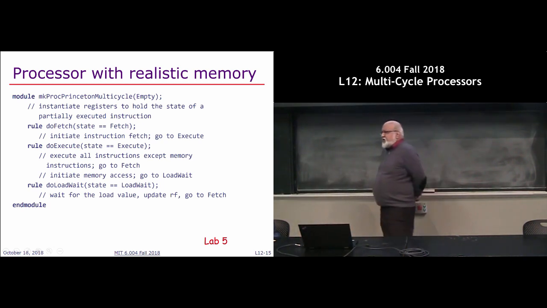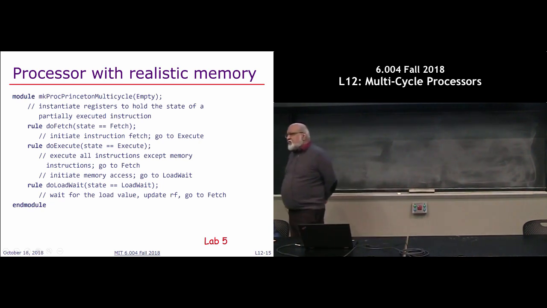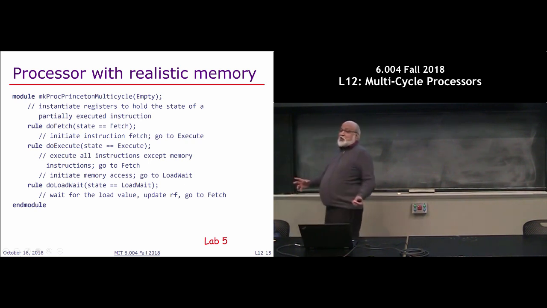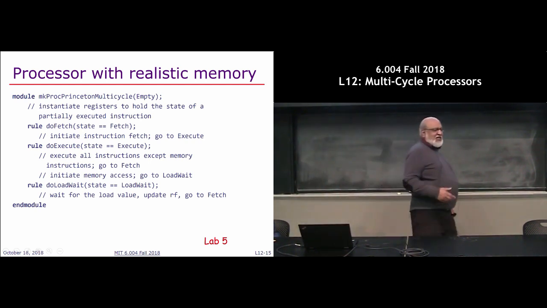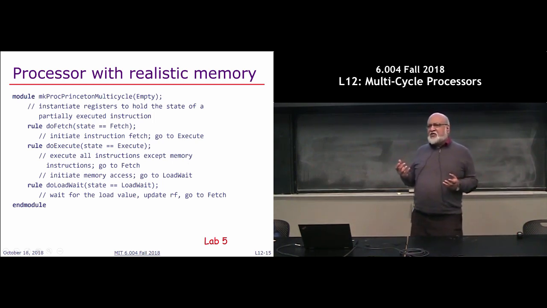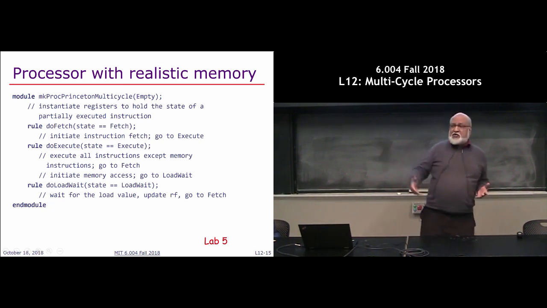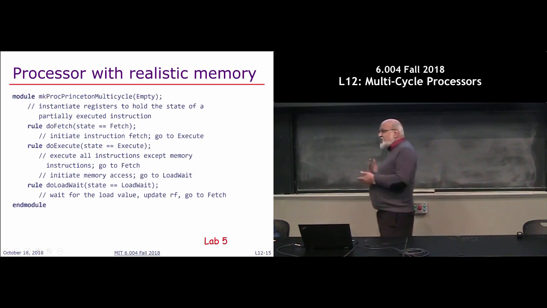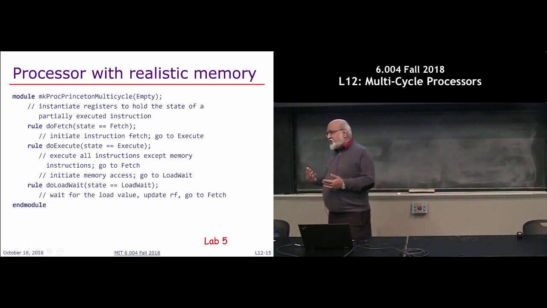Yes? Are you stuck in that state all within the same clock cycle, or are you cycling while you're sitting there waiting? Very good question. So is there any guarantee that when state equals execute, the instruction is available? There is no such guarantee. That depends on your memory design. And that's the beauty of this kind of system, right?